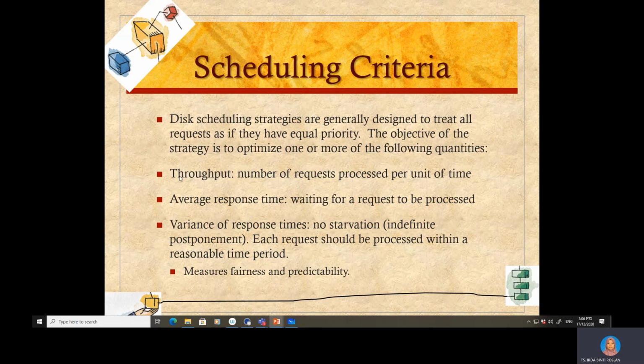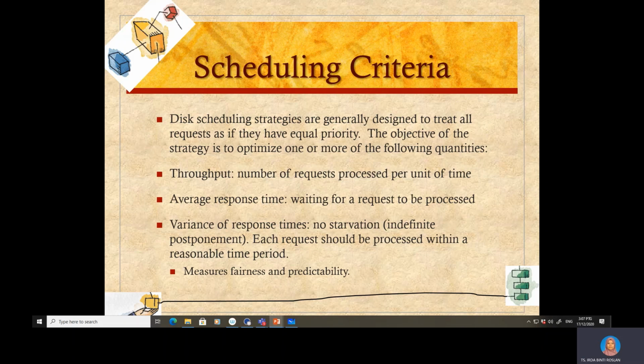We look into the throughput, which is the number of requests processed per unit of time. If there are many, it is better. Next, average response time.